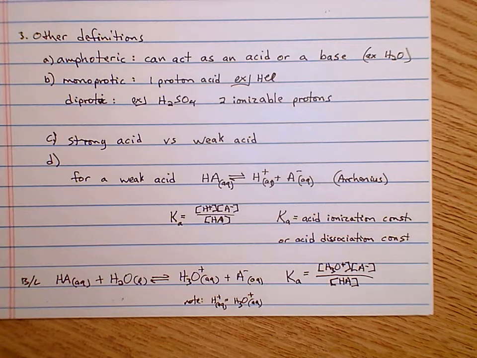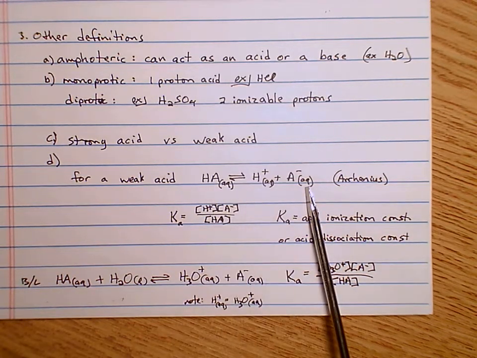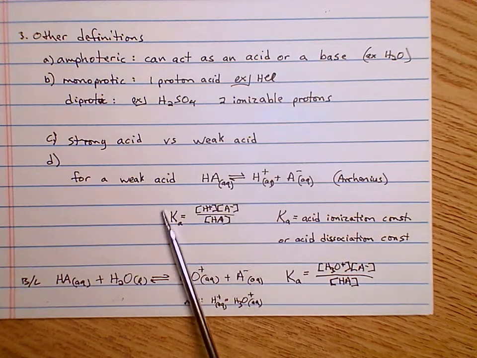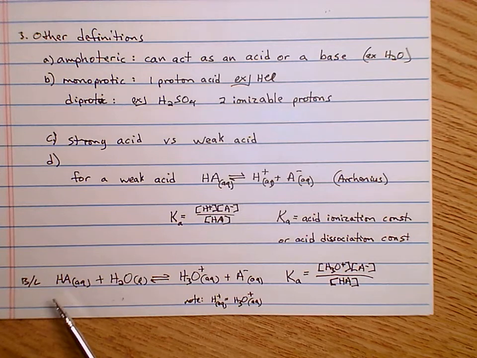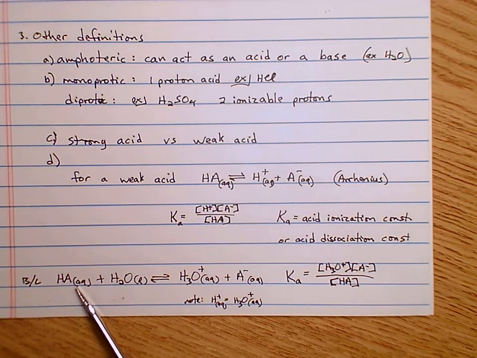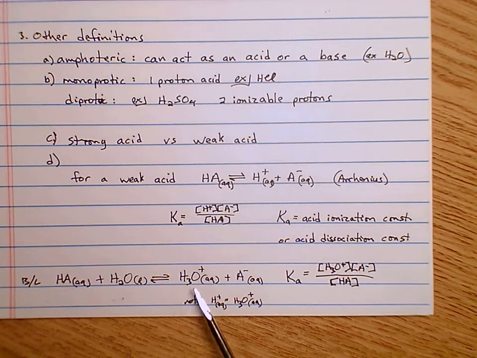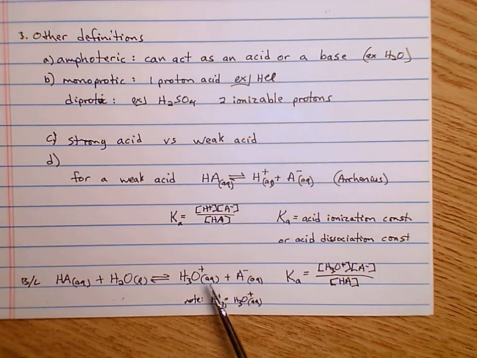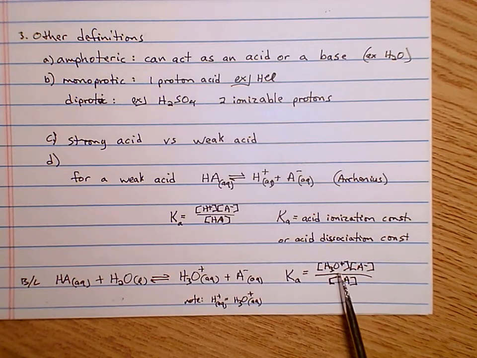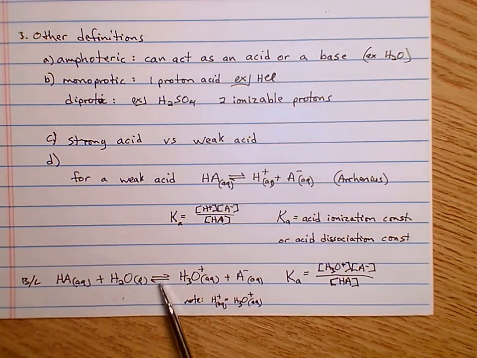Okay. Note, this is how Arrhenius would write this, and this is the Ka equation you get with Arrhenius. What if you wrote the HA, this weak acid, dissociating as Bronsted and Lowry would, where you've got water in there? Well, we know HA plus H2O liquid goes to H3O+ plus A-. Note, this Ka value would be H3O+ times the concentration of A- divided by the concentration of HA, because water is a pure liquid, it's not in there.